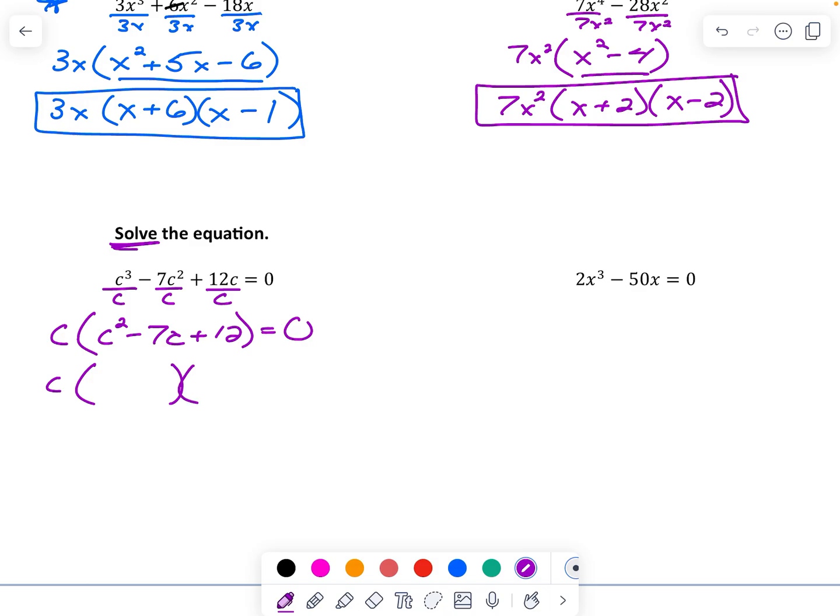Now we're going to break that big parenthesis into two small parentheses. That's going to be c minus 3, c minus 4. Now, remember, since we're solving, we're going to set each term equal to 0. So we have three answers here. C can be 0, that's for this first part, 3, or 4.